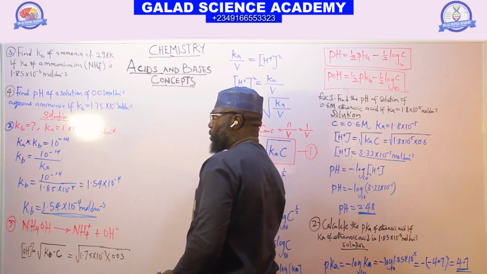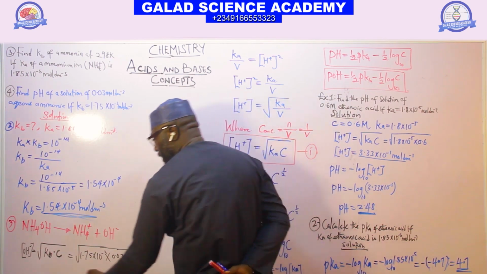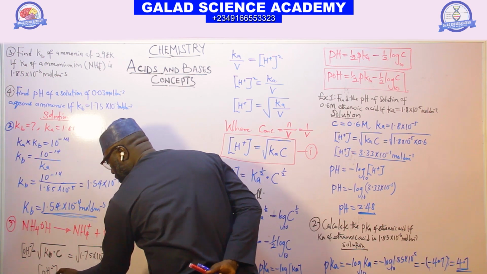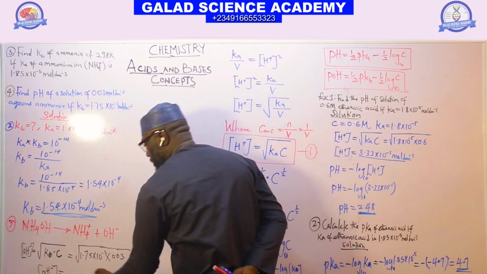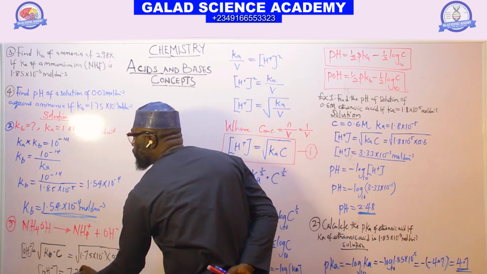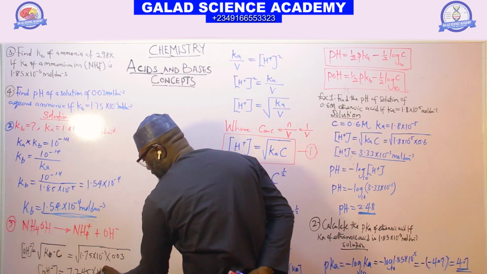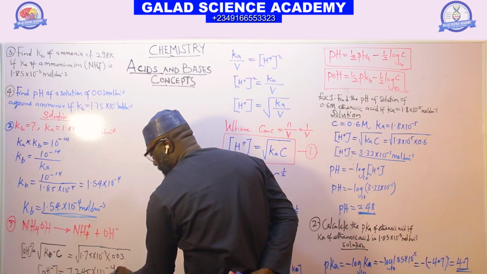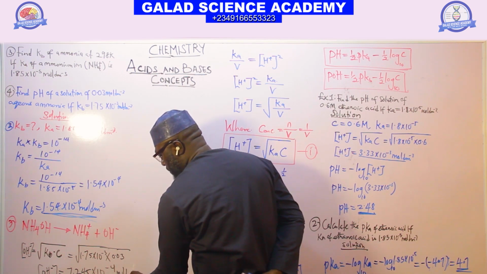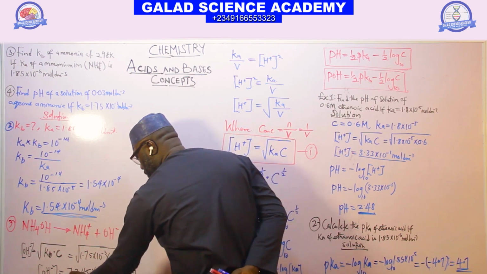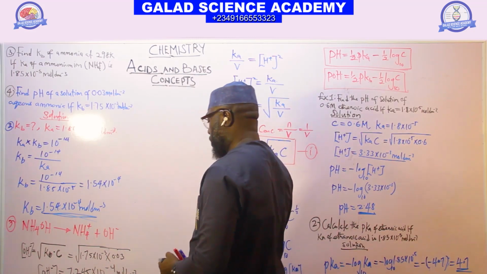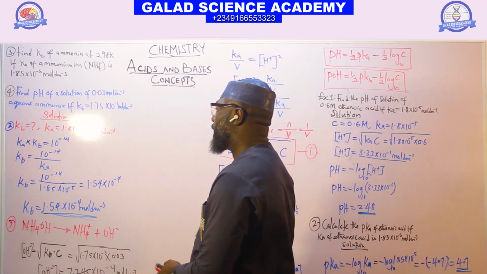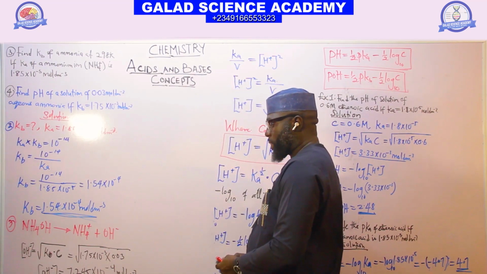If you press your calculator, the concentration of OH minus should be equal to 7.245 times 10 raised to the power minus 4 mole per dm cube. So this is the concentration of the hydroxide ion.